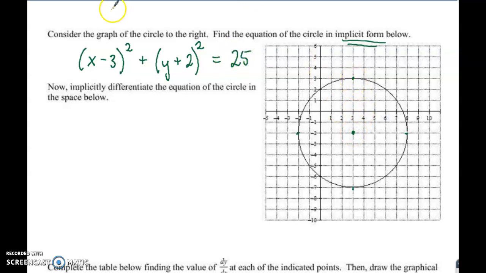And if anybody needs a reminder, here's your reminder from pre-calculus: x minus h squared plus y minus k squared equals r squared, where the center is at (h, k) and r stands for radius.